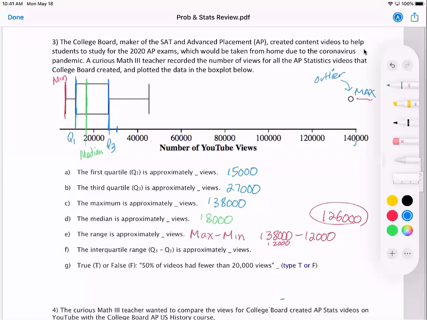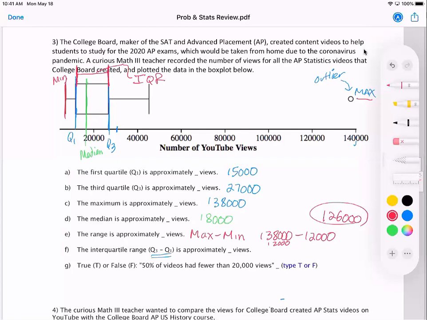The interquartile range is the distance from Q1 to Q3. So if the overall range is the max minus the min, the interquartile range is this distance. This is the IQR, interquartile range, however far this is to this. There are uses of the interquartile range.